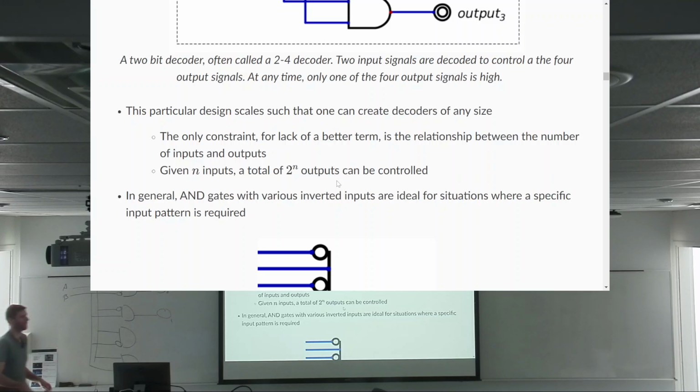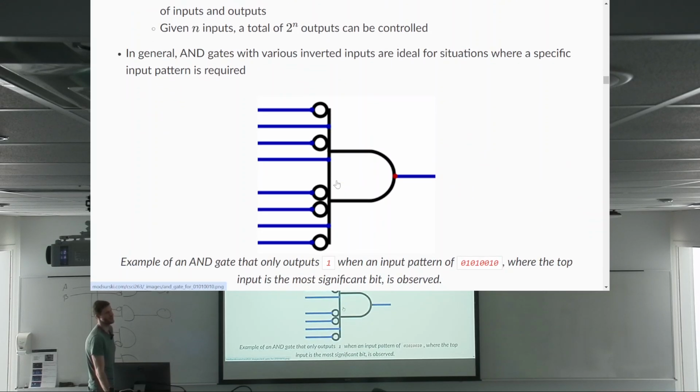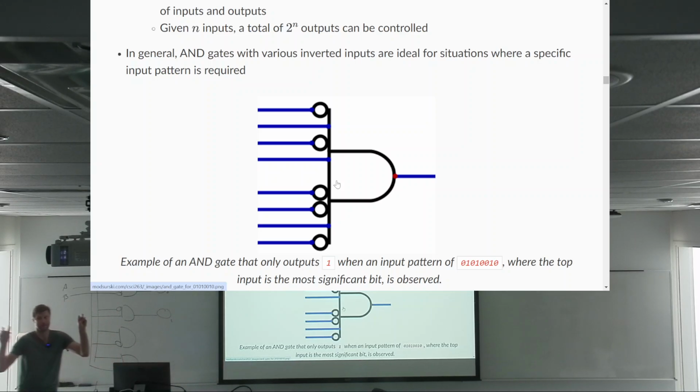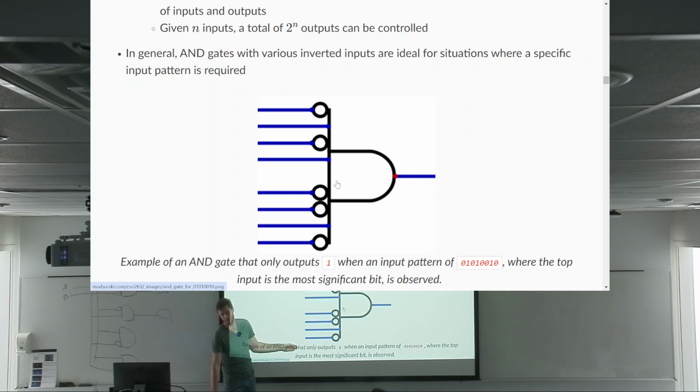Okay? In general, AND gates with various inverted inputs are ideal situations when there is a very specific input pattern required. Listen carefully. So this is an AND gate with, what, 8 inputs? AND gates where you are hard coding the inverted inputs are a really great way to say, look, there's only one combination of zeros and ones that will ever output 1.